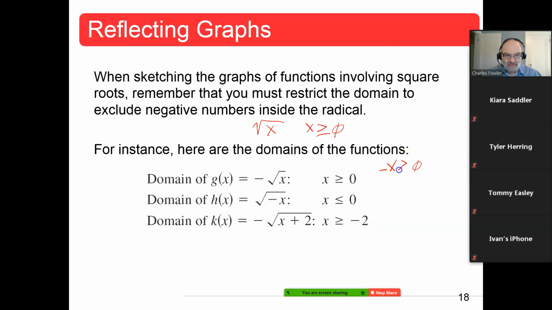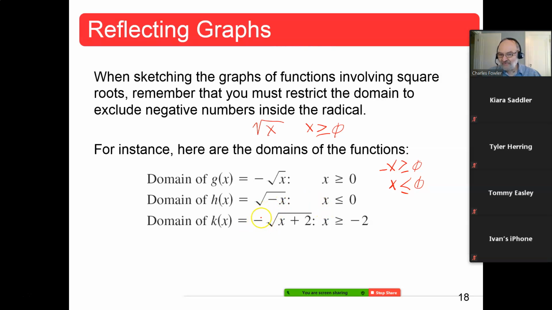Negative x has to be greater than or equal to 0 because that's what's under the radical sign here. When you multiply or divide by -1, you change the direction of that inequality. It has to be less than or equal to 0. And that's why this changed here.